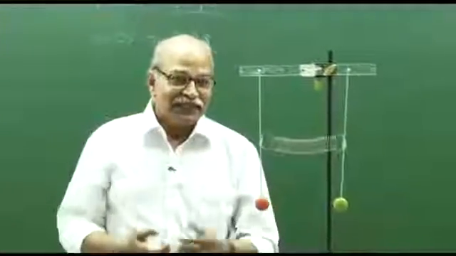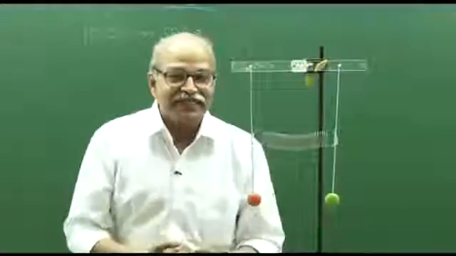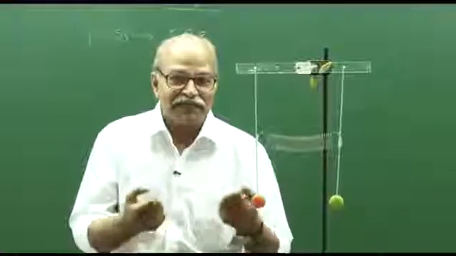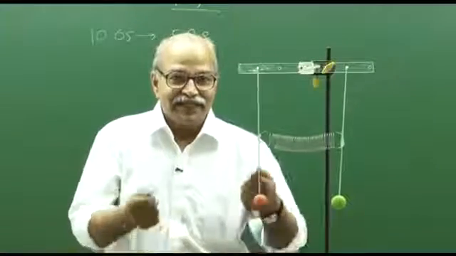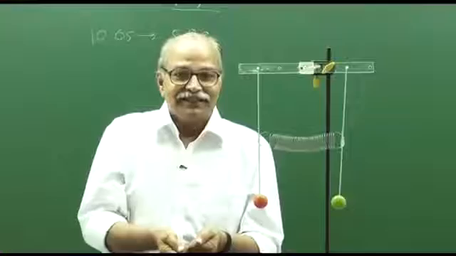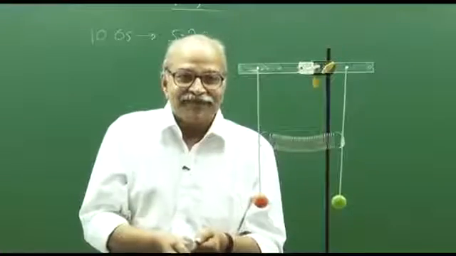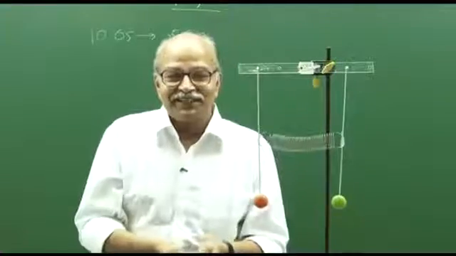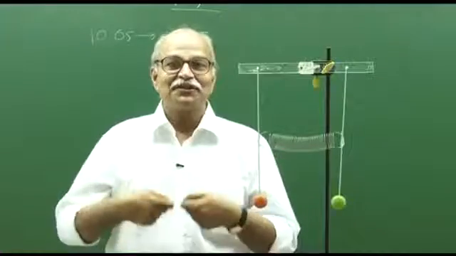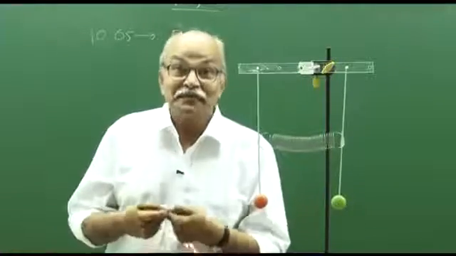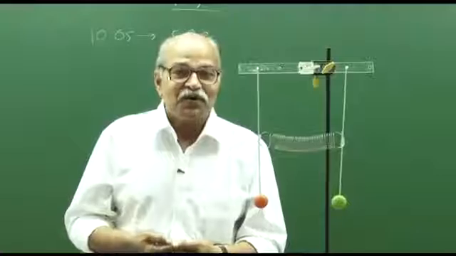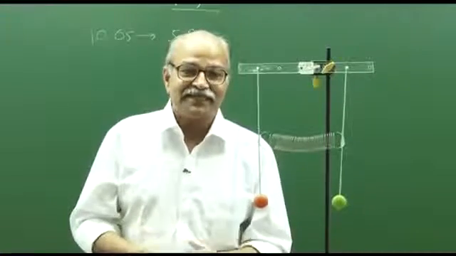So, when more than one vibrating system is connected to each other and can exert force on each other, you can have more than one natural frequency, more than one time period, depending on how you vibrate it.